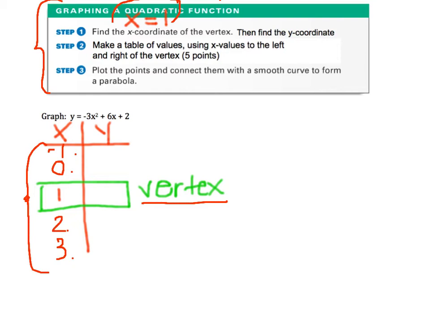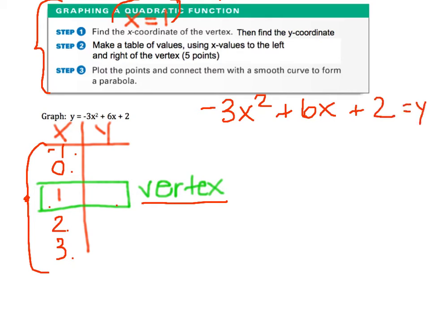All right, now that we have the table set up, now we need to go ahead and solve and calculate the y values. So what I'm going to do here is I need to substitute in 1 for x, and then I'm going to solve for my y value. So I'm going to start with the vertex. So my equation is negative 3x squared plus 6x plus 2, and that's going to equal y.